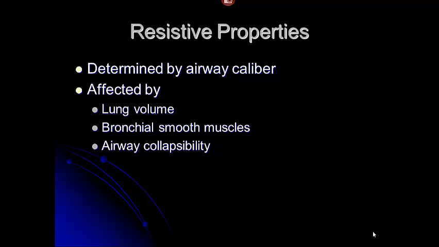So again, severe bronchoconstriction would make it very difficult to comply with this exam, although it's contraindicated. Airway collapsibility, patients having atelectasis would also have discrepancies during this exam.